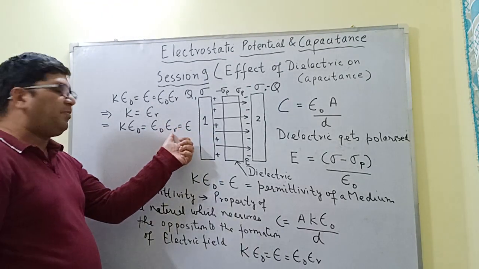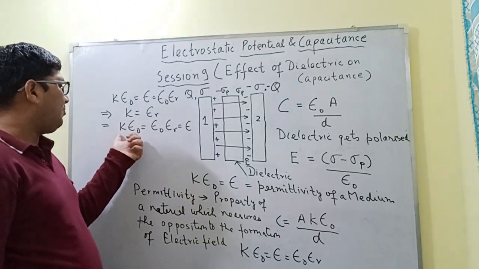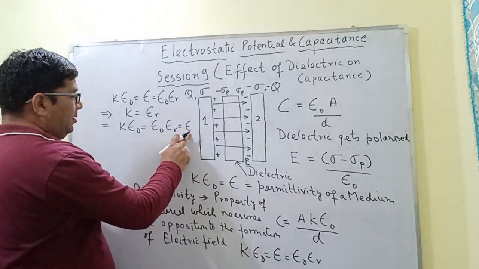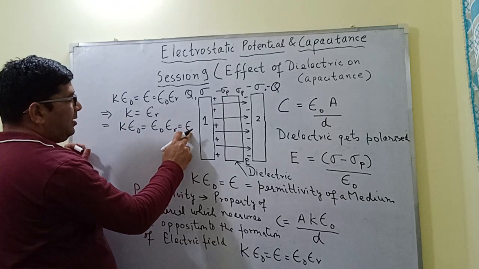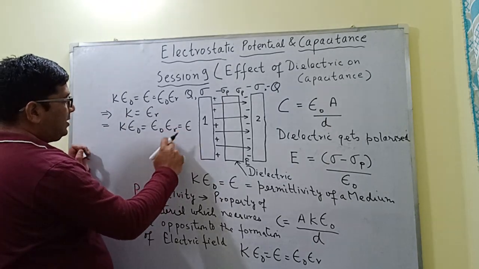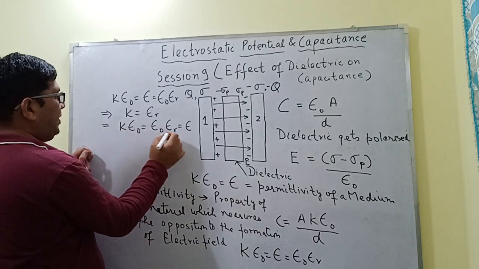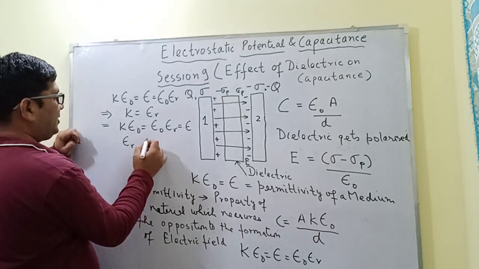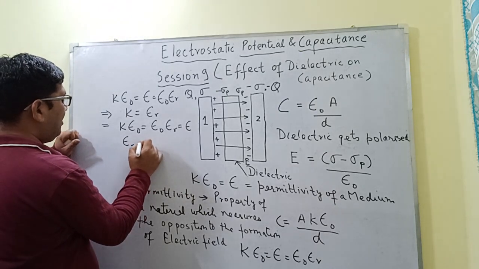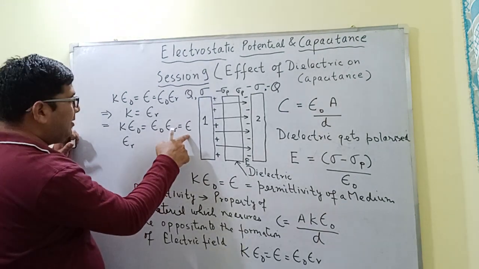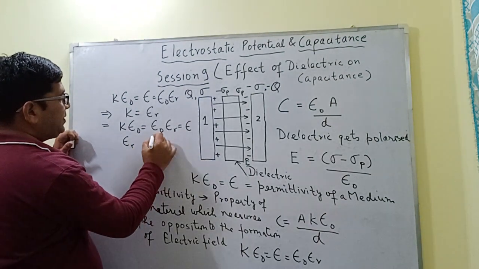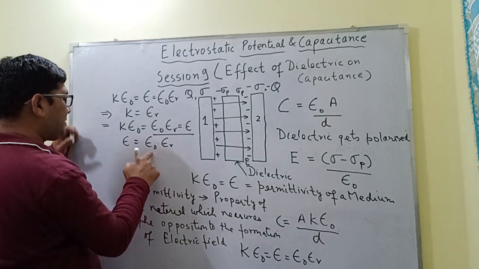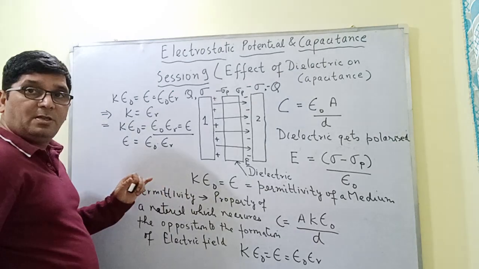So if we know the relative permittivity of any medium, that is if we know the value of epsilon r, then the permittivity of that medium can be known by using this relation, that is this is equal to epsilon naught epsilon r, and this epsilon naught जो है, this is the permittivity of free space.